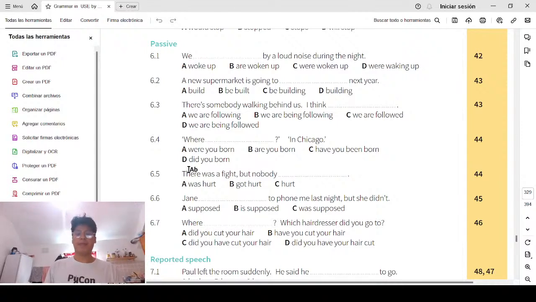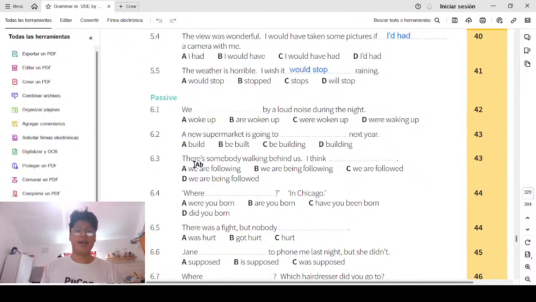We woke up by a loud noise during the night, or we are woken up by a loud noise during the night, or we were woken up by the loud noise during the night, or we were waking up by the loud noise during the night. That's interesting. We were woken up.